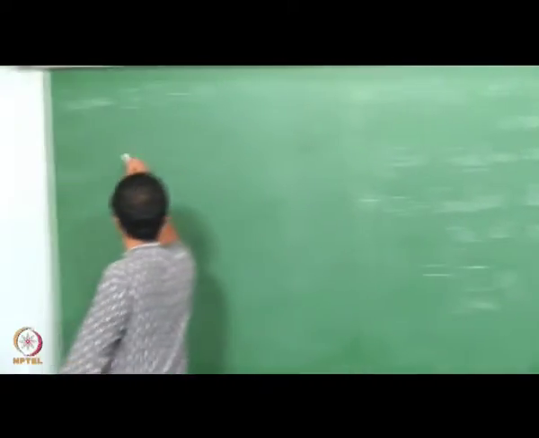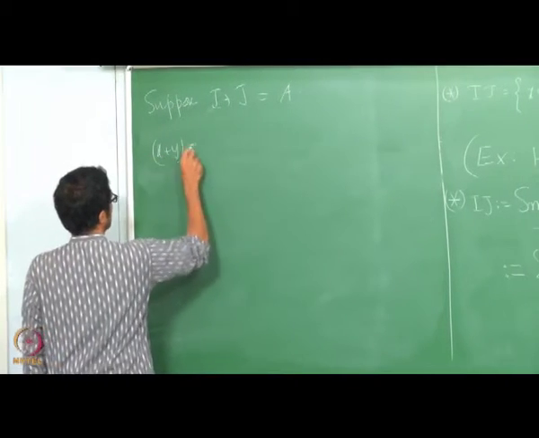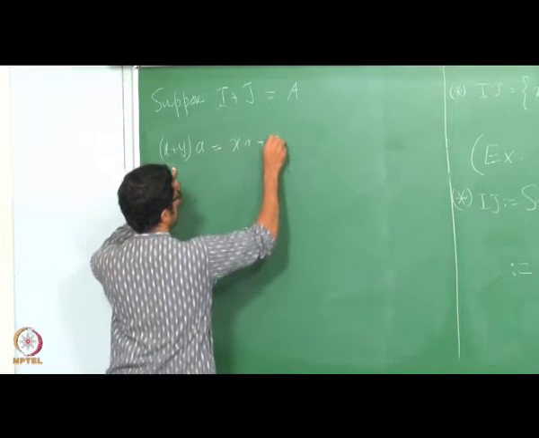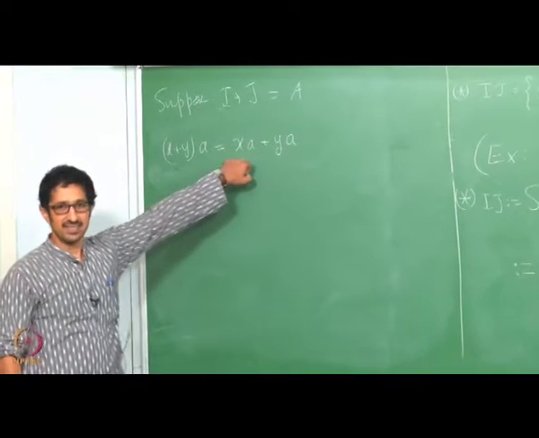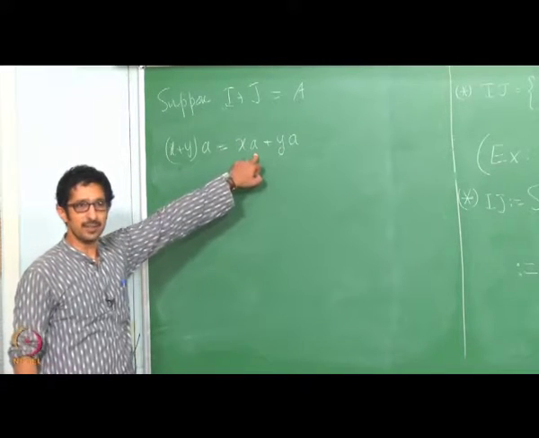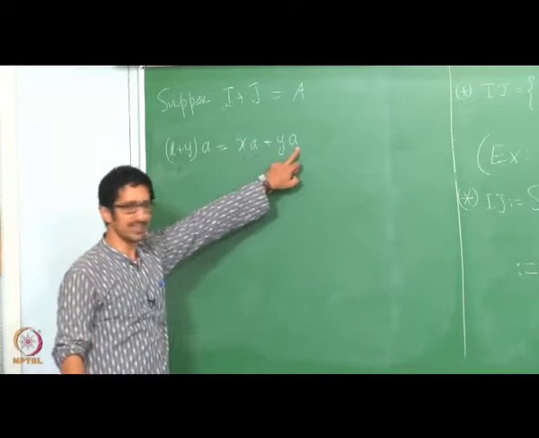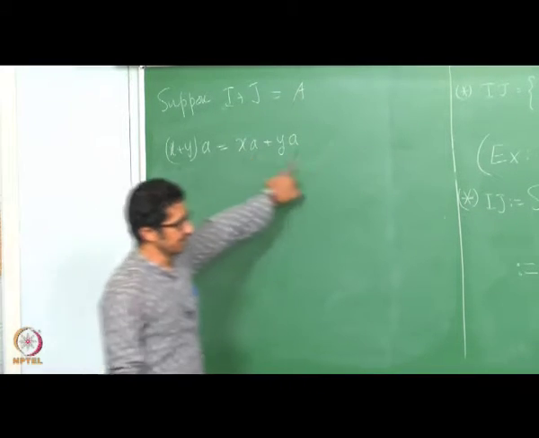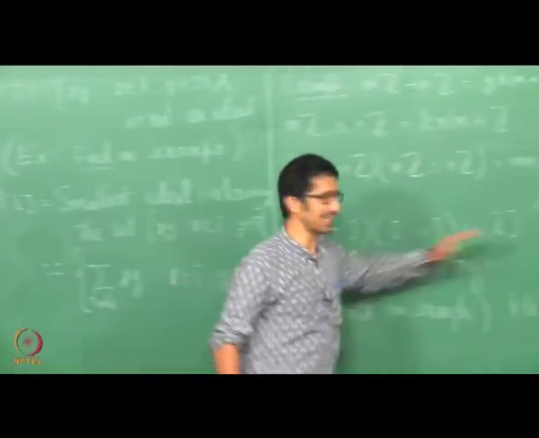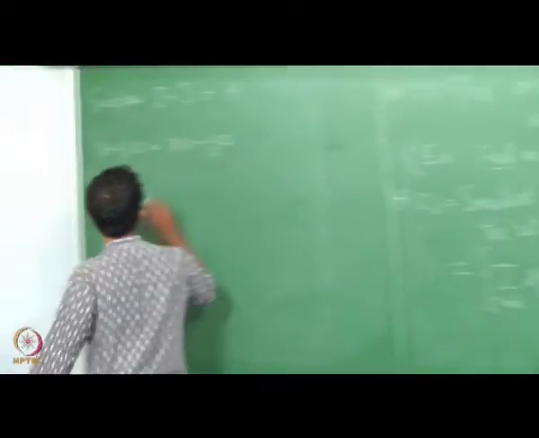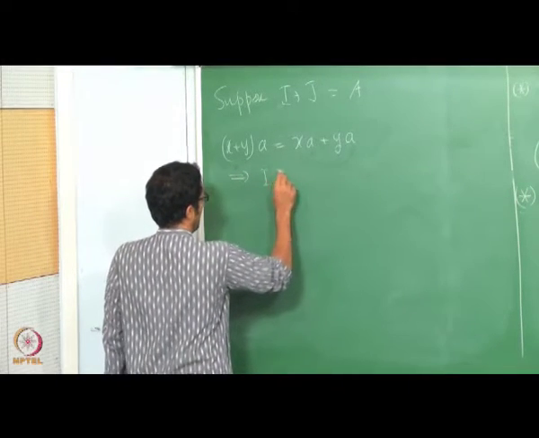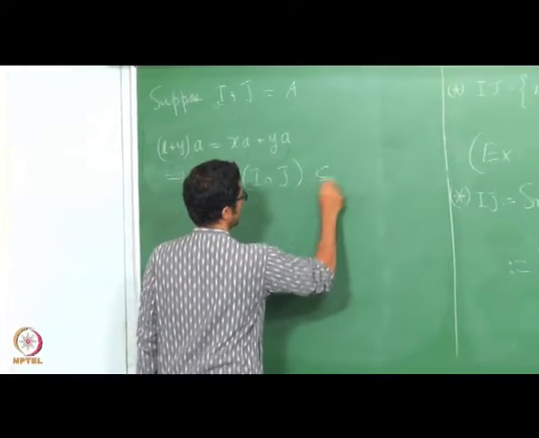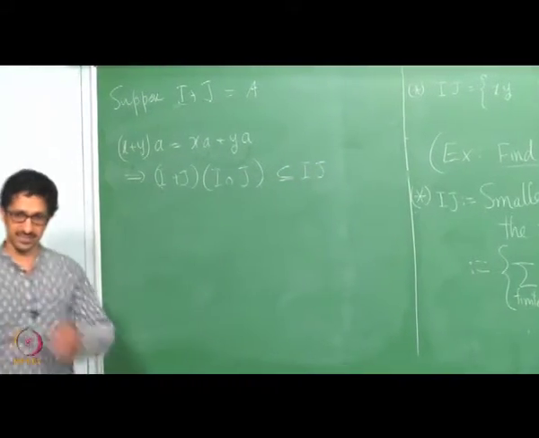So I look at (x plus y) times a, then this is xa plus ya. xa is in IJ, ya is in IJ, therefore this is in IJ, therefore the left hand side is contained in the right hand side. So (I plus J) times (I intersection J) is always contained in the product ideal IJ.